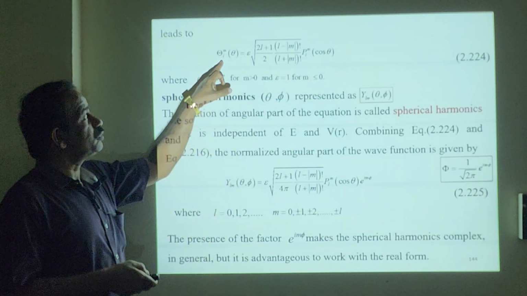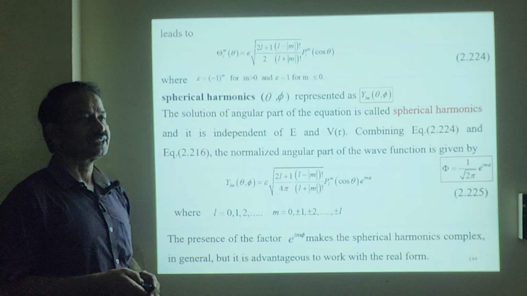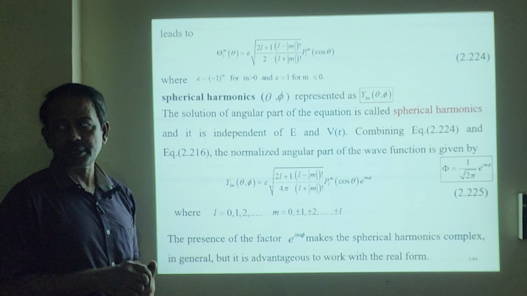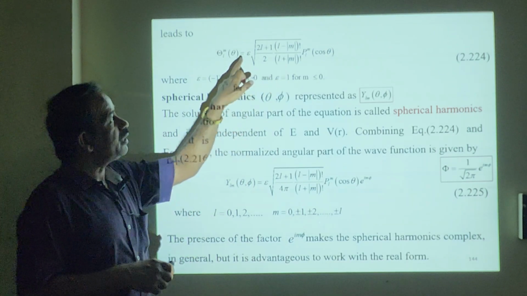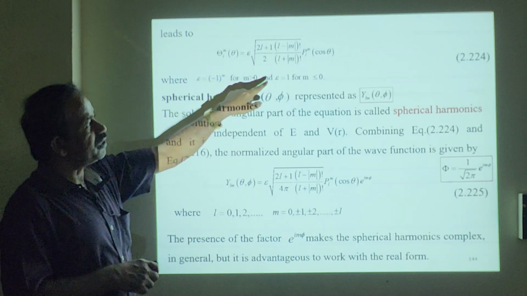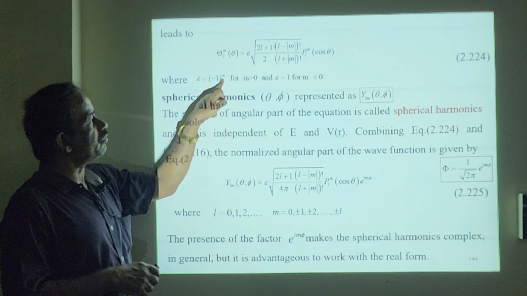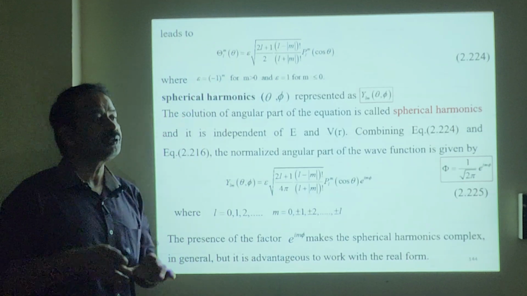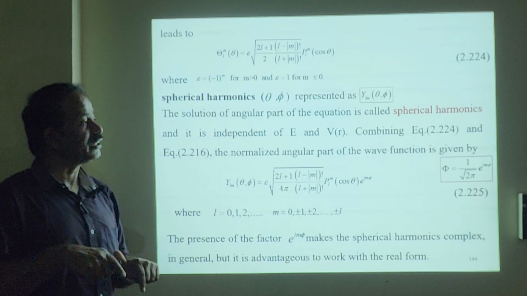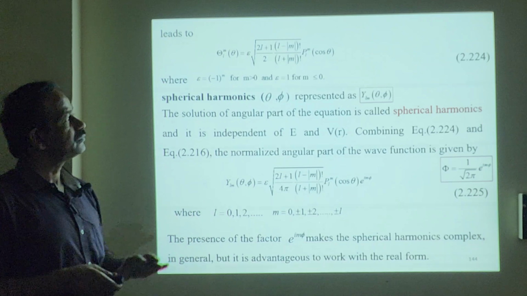So this is the complete solution for the theta dependent equation, for any spherical potential problem. And I have introduced now epsilon, and this factor says that epsilon equals 1 when m is less than or equal to 0, and epsilon equals minus 1 to the power m when m is greater than 0. So depending on the m value, we will get epsilon as negative or positive. Is it okay?